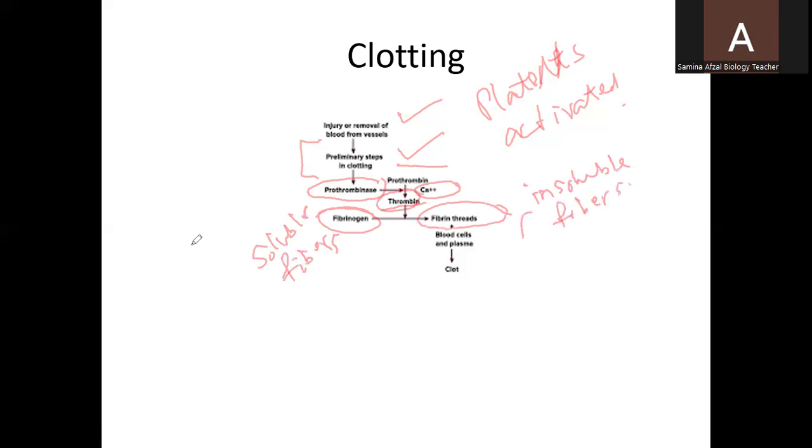So these fibers make a clot on the site of the injury. So in this way, clotting by the platelets will take place in case of any tissue damage.